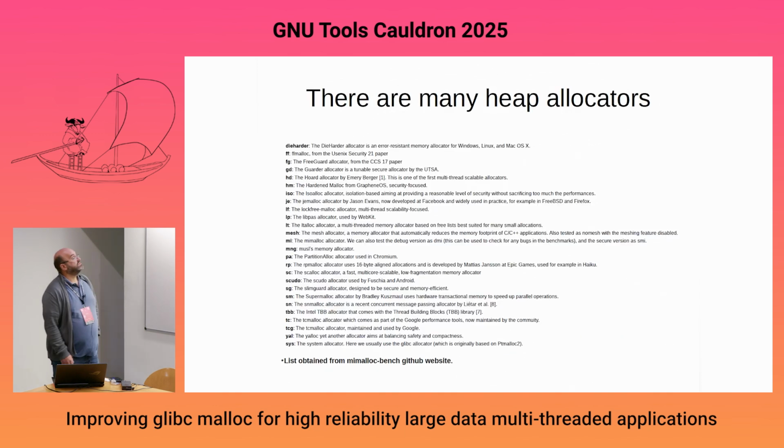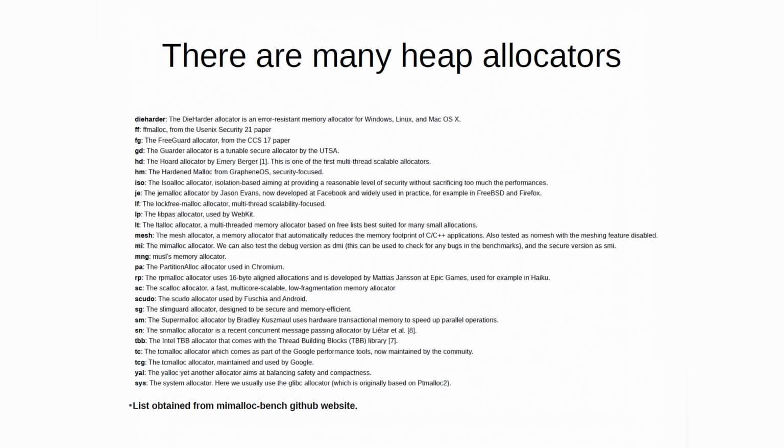Just as an example, this is from a benchmark, from the GitHub page of my malloc bench, and it's just the list of allocators that they support.